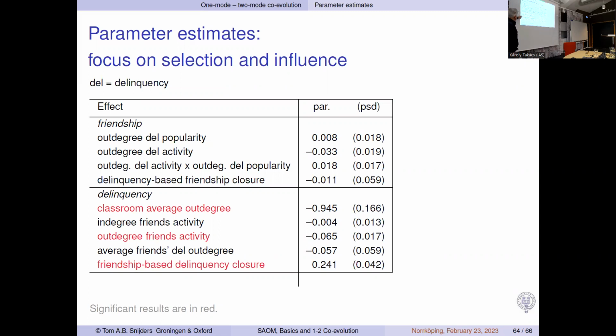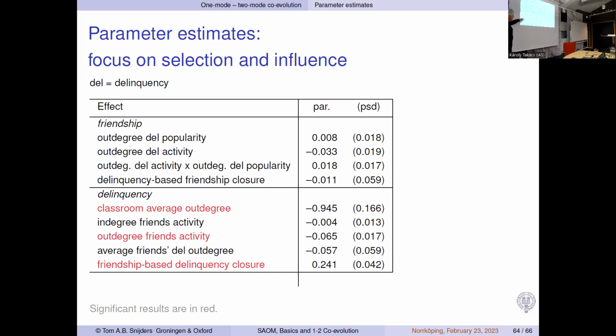And average friends' delinquency, how degree, so the average how degree of your friends with respect to delinquency, that is the influence at the level of the general tendency toward delinquency, that is not significant.